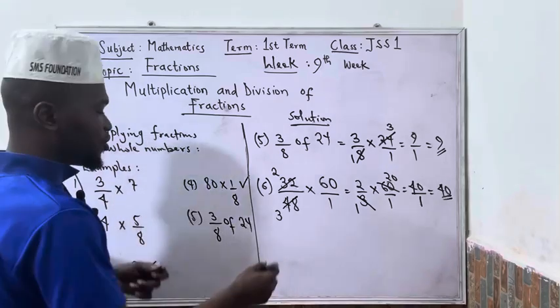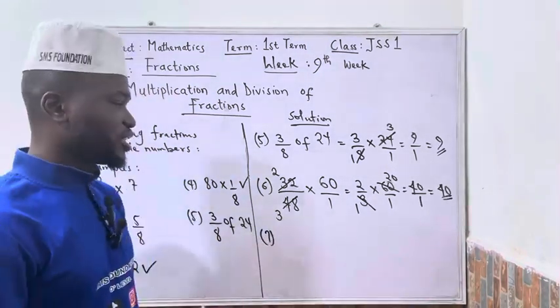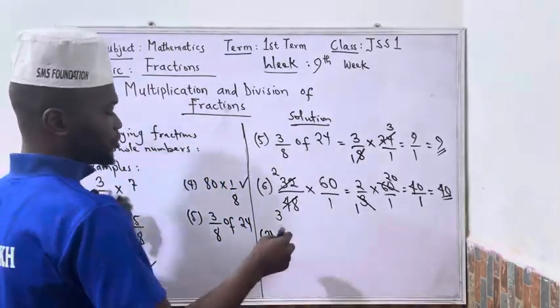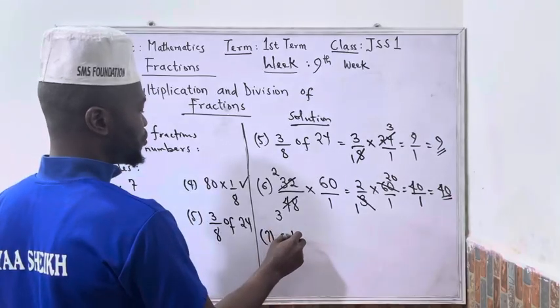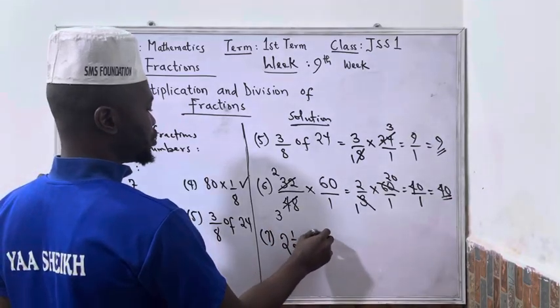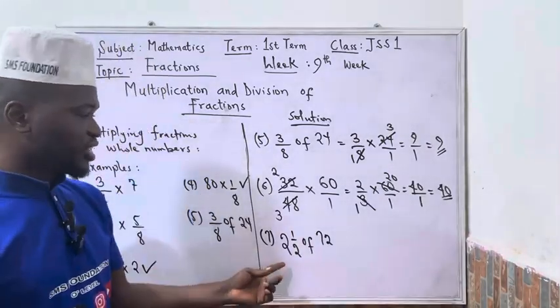I need one more question, to show you that sometimes you can have an improper fraction in this case too. So you can have 2 whole number 1 over 2 of 72. Now don't panic if you have something like this.